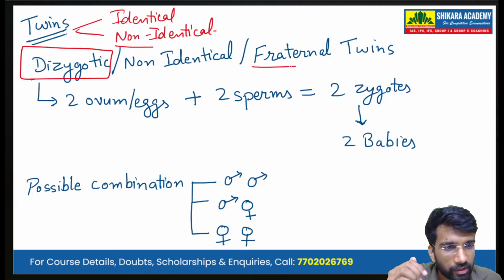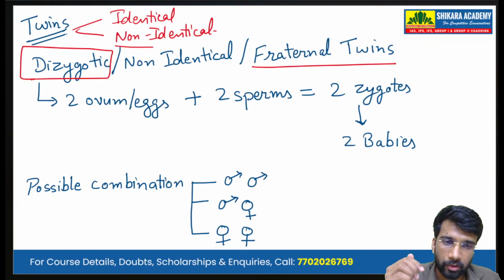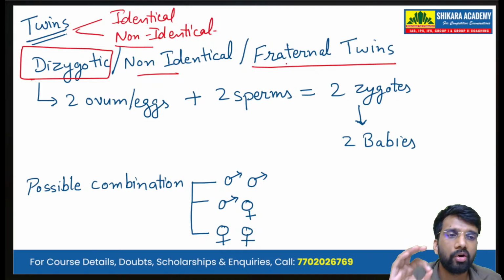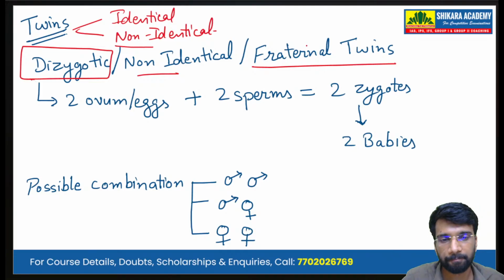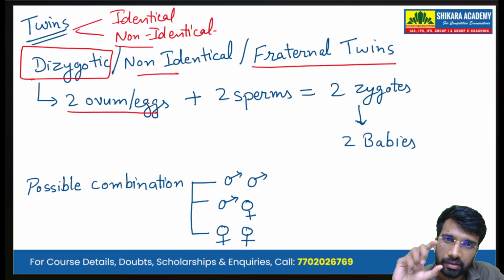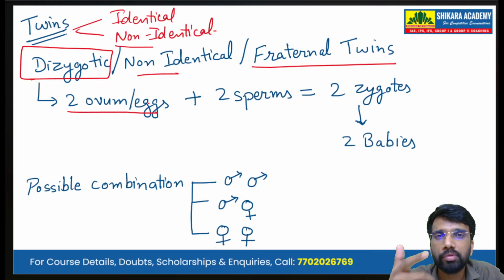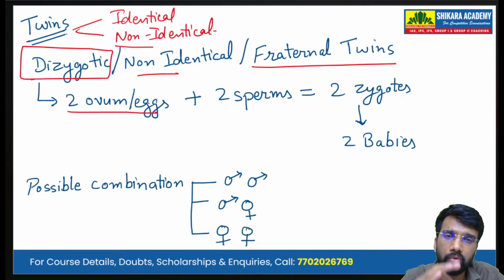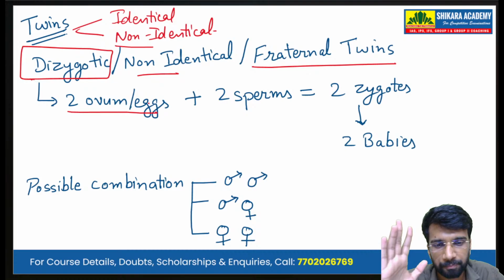They are also called fraternal twins. Non-identical, dizygotic or fraternal twins, one and the same thing. So in the female, we have two ova or two eggs. They are fertilized by two sperms and we get two zygotes. And then these two zygotes develop into two individual babies.